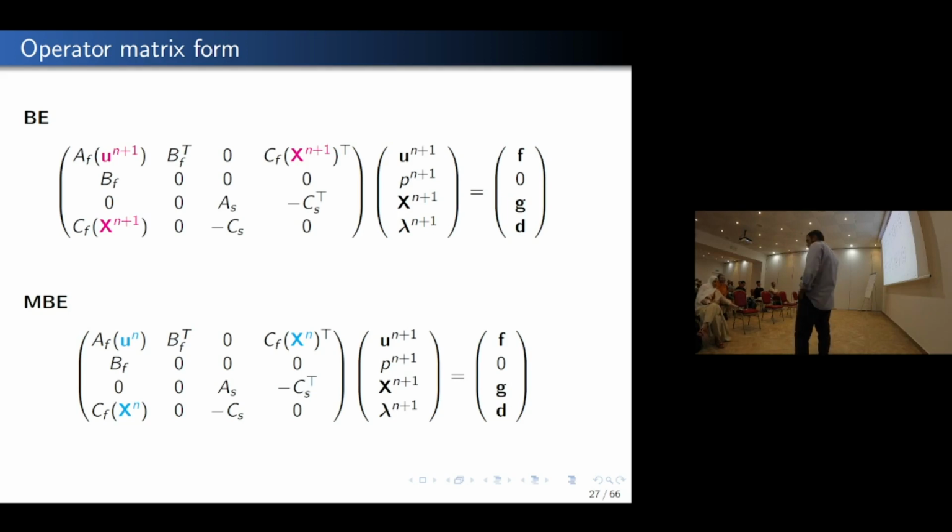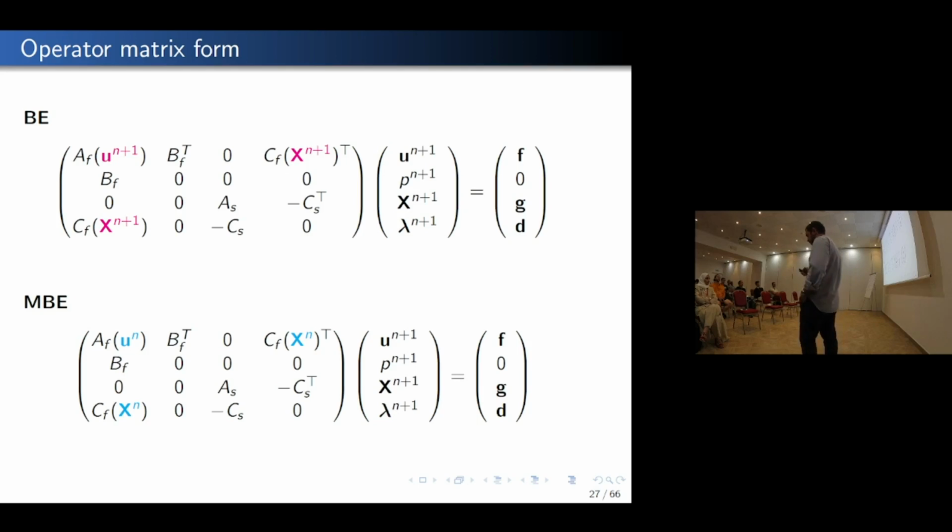Now, operator matrix form. Basically, we can represent the variational problem I showed you before in matrix form with the backward Euler and modified backward Euler. This is the simple structure of the problem. So basically, we have here the Navier-Stokes part, then here we have the solid part and the two coupling terms.